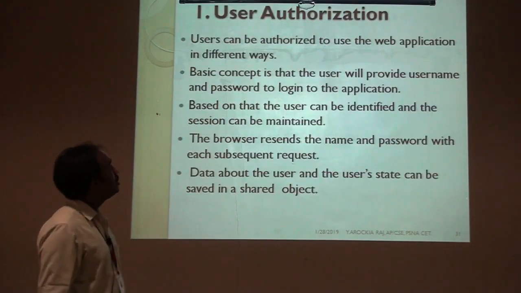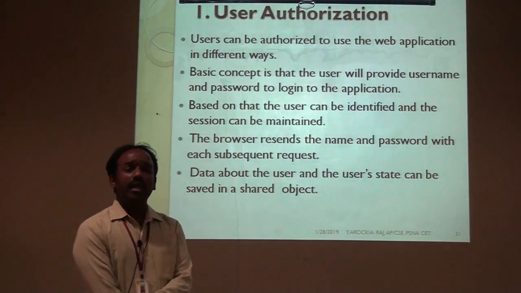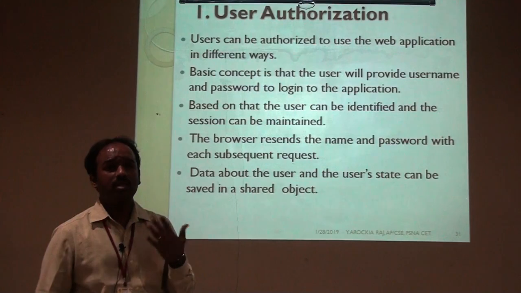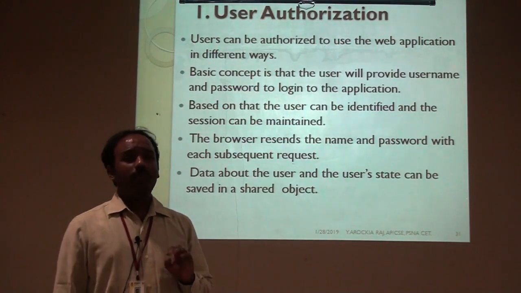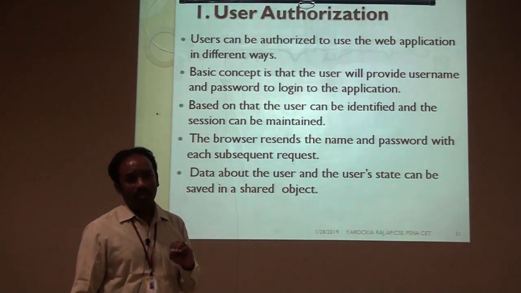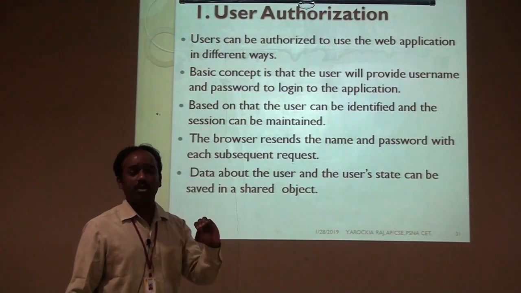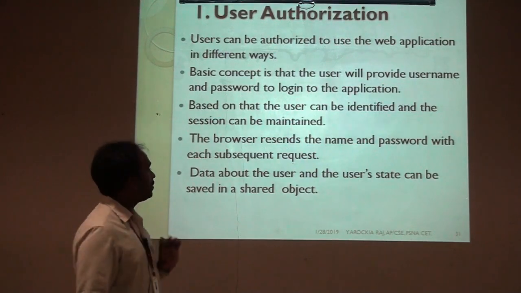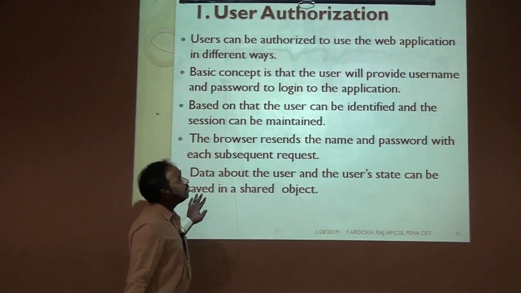So first, user authentication. User authentication in the sense is simple, that is we are going to provide the username, that is login ID, and then password. So as a server, we can track the particular session of a particular user with the help of that login ID as well as the password. What is the drawback in this methodology?